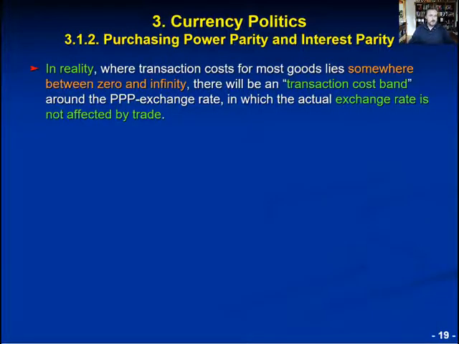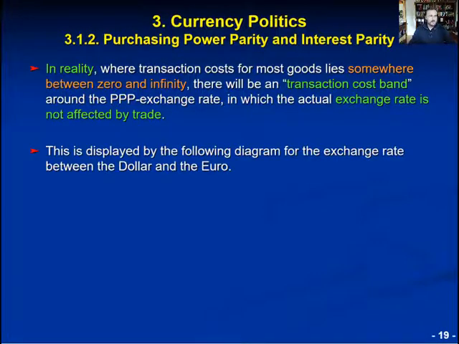In reality, where transaction costs for most goods lie somewhere between 0 and infinity, there will be a transaction cost band around the purchasing power parity exchange rate, in which the actual exchange rate is not affected by trade. This is displayed by the following diagram for the exchange rate between the dollar and the euro.